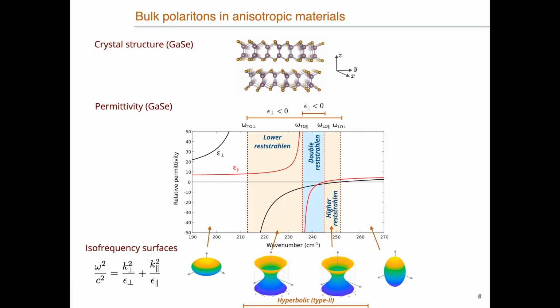And this is the interest of hyperbolic materials. So here we have what we call a type 2 hyperbolic material in this region and in this region. But in this region here, we have both permittivities negative. So I call this a double estragon.